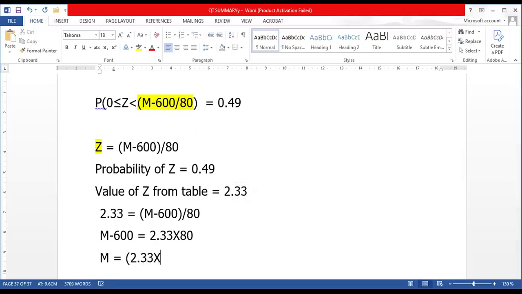So your M will be 2.33 times 80, then plus 600, because this one will go to the right side and becomes a plus. So how many miles do you have?